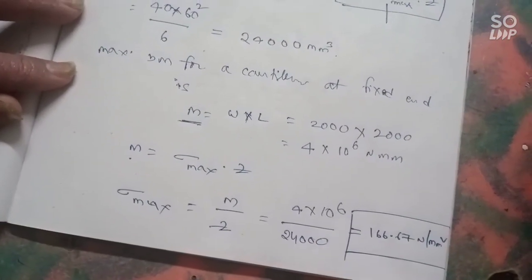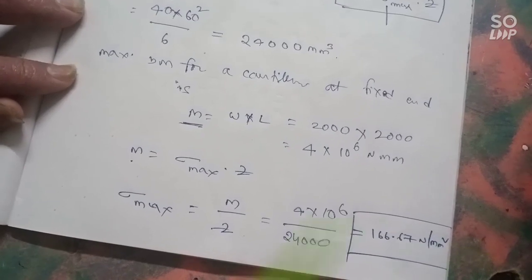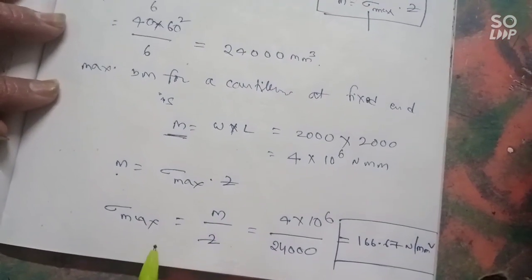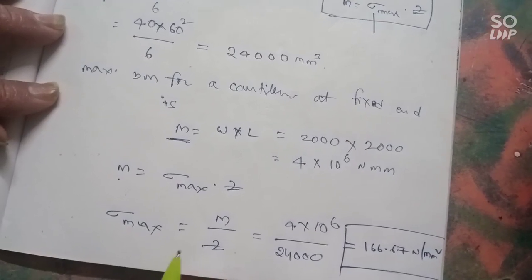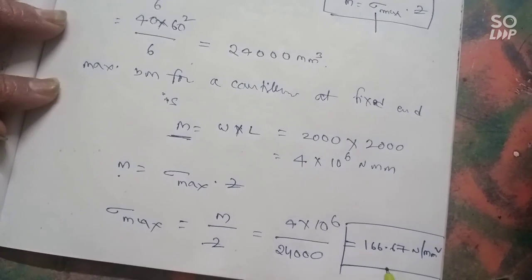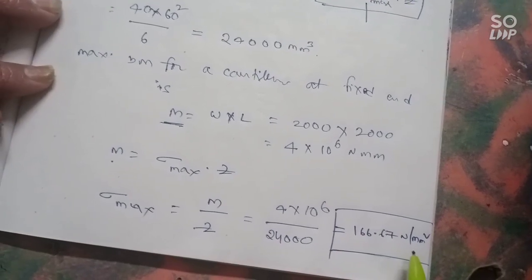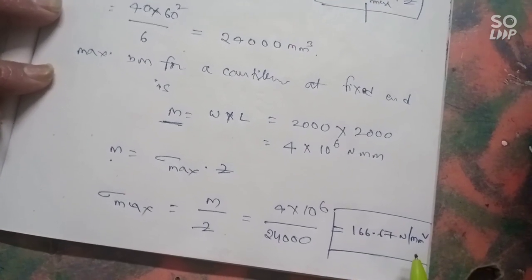So this is the answer. Here we find the maximum stress at failure. When 166.67 is applied on the beam, it may fail.